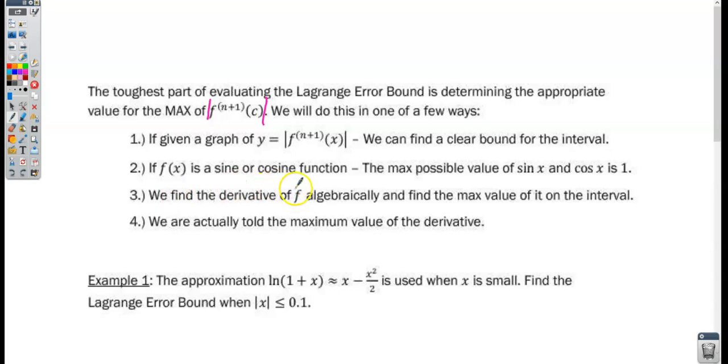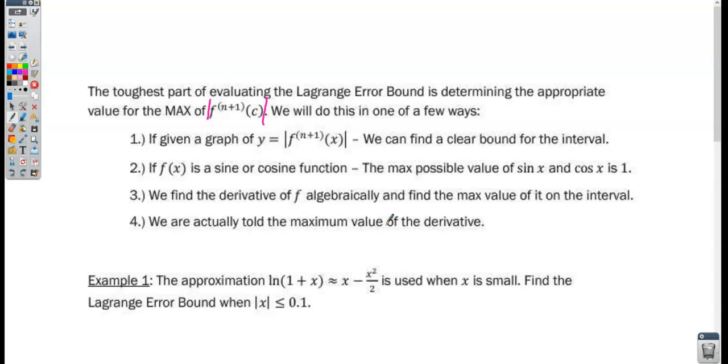We might find the derivative of f algebraically, and then find the max value of it on the interval we're working with. Or the last thing, we could actually be told the maximum value of the derivative on a given interval, and then we can go ahead and use that.